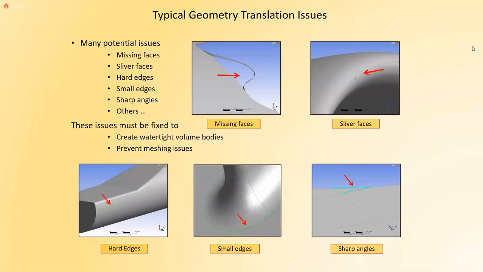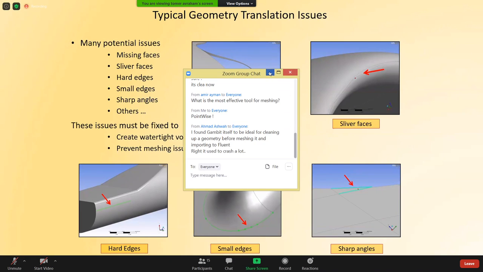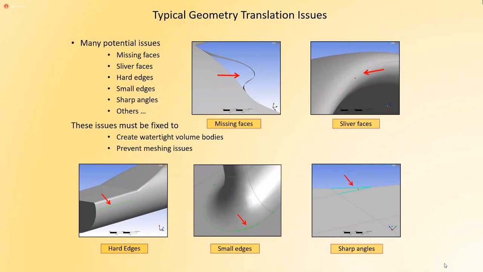So I don't know anyone who uses Gambit today. Do you? Yeah, I used it. You still use Gambit? Well, it was installed on one of our work computers before it stopped being supported by ANSYS. So we were kind of lucky in that. But it's not supported by ANSYS anymore.